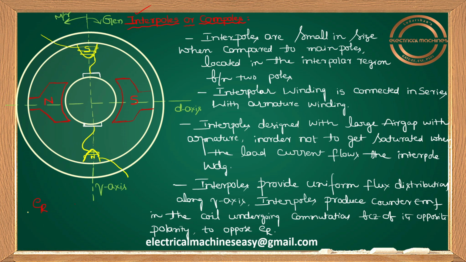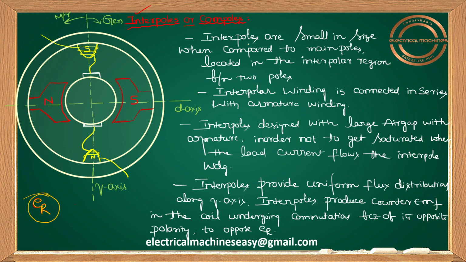Because of delayed commutation, you get sparking at the brushes. That means you have to compensate this reactance voltage. Therefore I use interpoles or compoles to compensate it by inducing some more EMF in the direction opposite to this ER value.